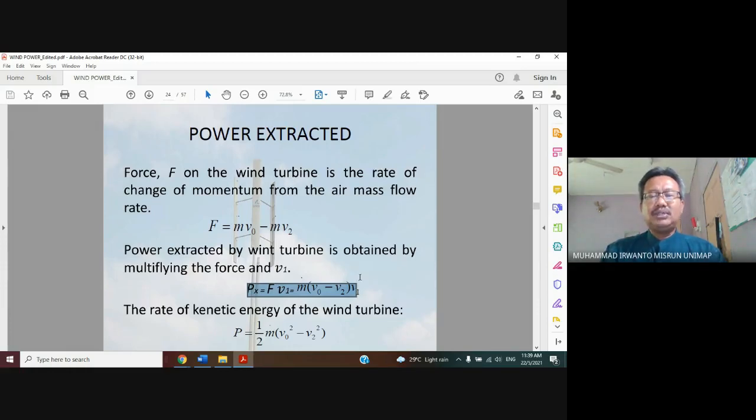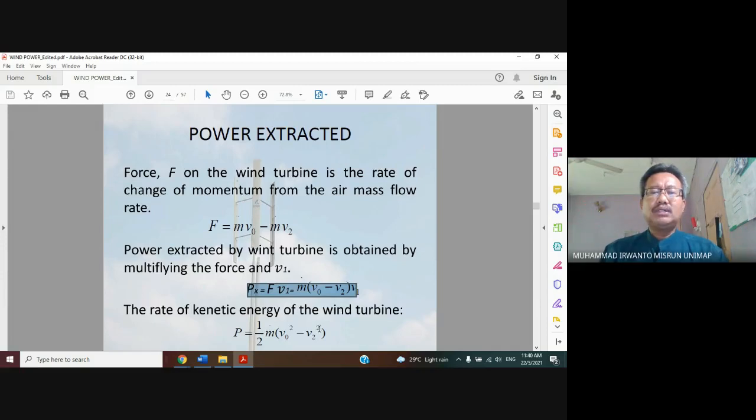Okay, and then before we explained that the power related to the wind speed, the power related to kinetic energy, is given by 1 over 2 m dot multiplied by V0 power 2 minus V2 power 2.